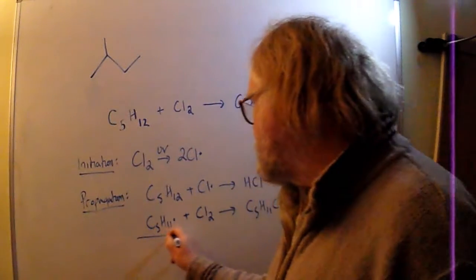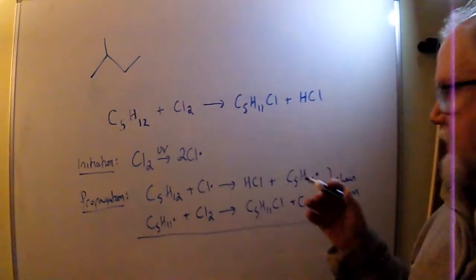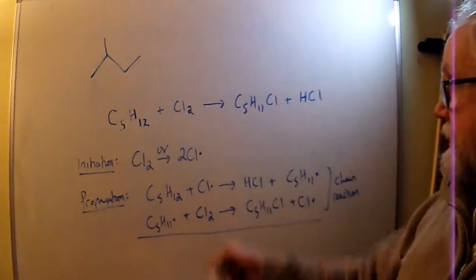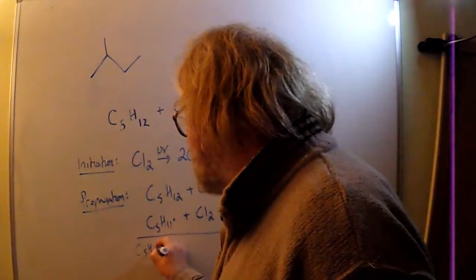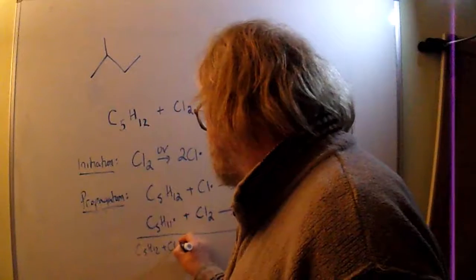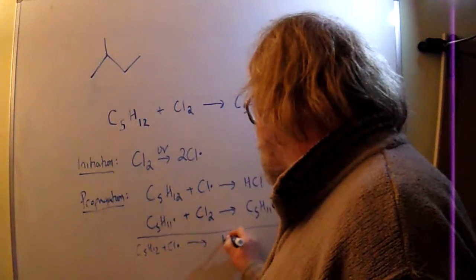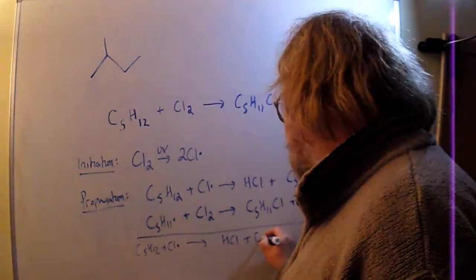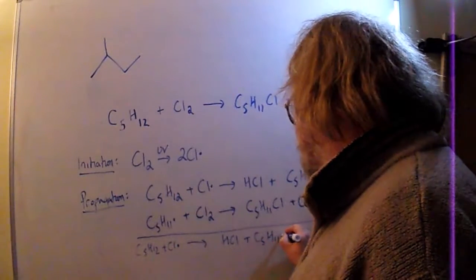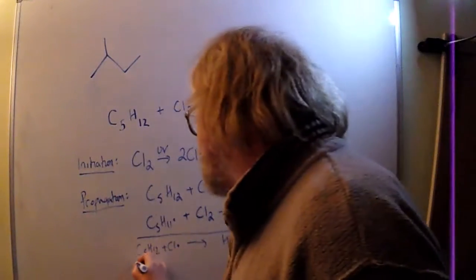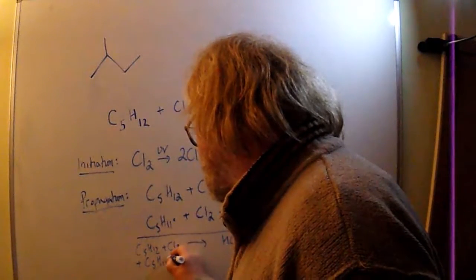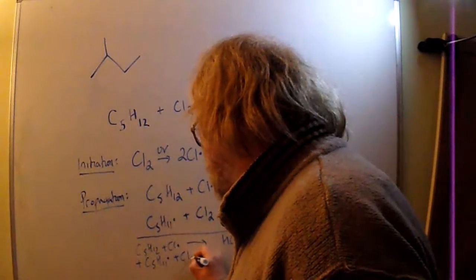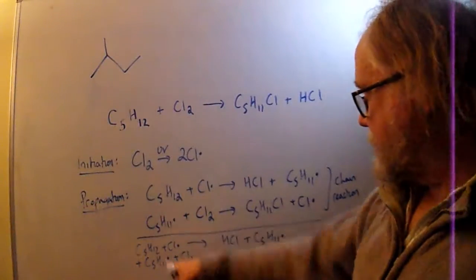You can tell whether they're correct. You don't necessarily have to write this in, but you can tell whether you've got propagation right, because if you add the two together, let's do that. So C5H12 plus Cl dot goes to HCl plus C5H11 dot, and we're going to put everything on the left hand side, so we've got this plus Cl2. So that's all the left hand side things there.